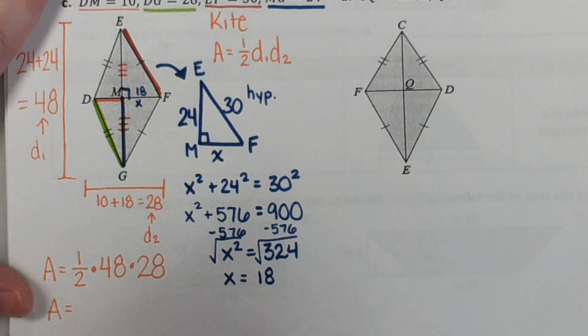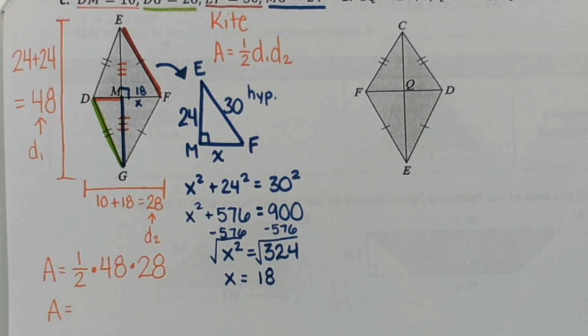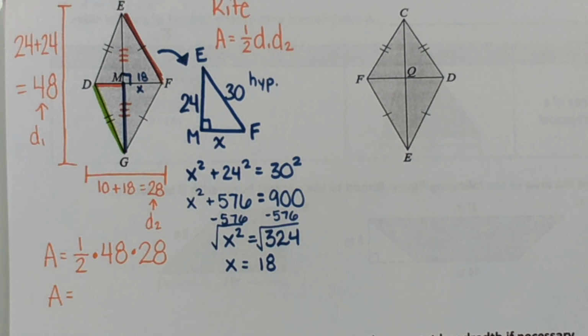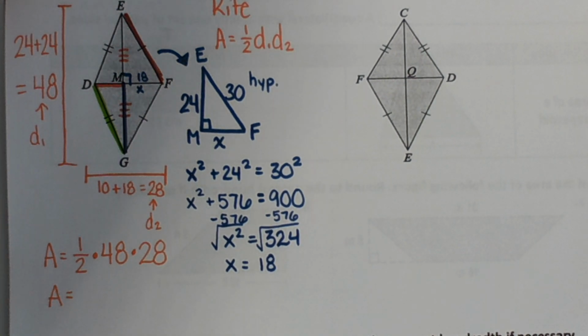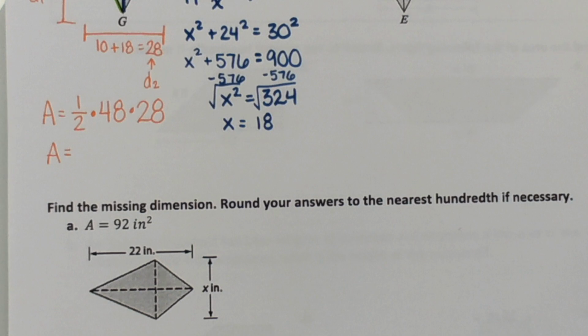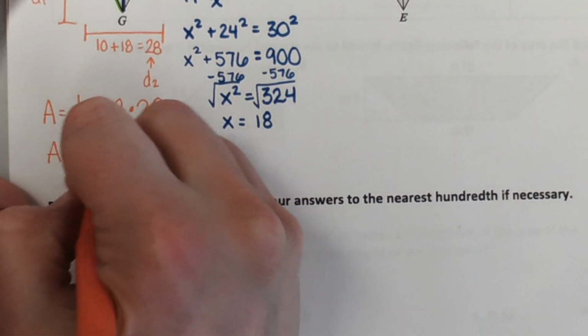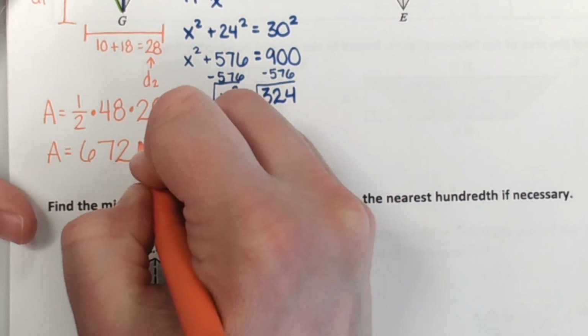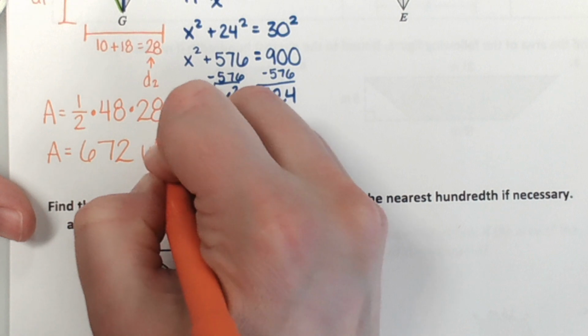Nate says it's 672. Can we verify that? Because I don't know the answers off the top of my head. Yeah, it is 672. Beautiful. I figured it was. We don't know the units, so it's units squared.